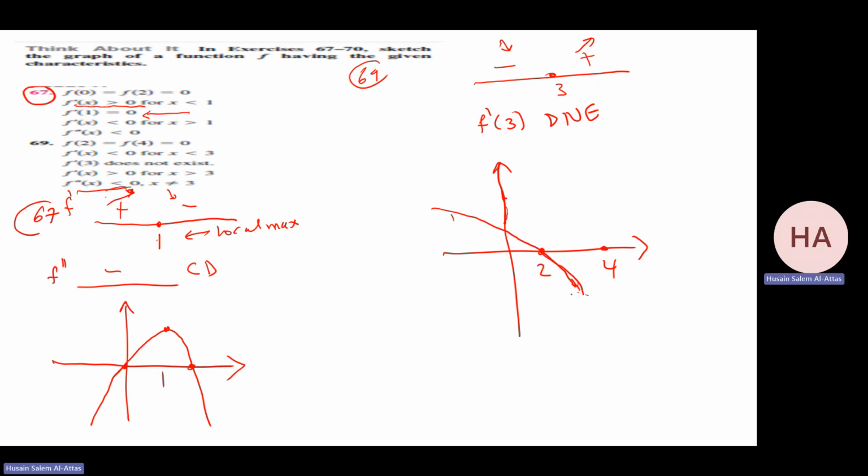Then also concave down, so it will do something like this. So here I have a corner. So f prime at 3 does not exist, or a vertical tangent. Okay, f prime does not exist here at 3, and this is concave down, and this is concave down.